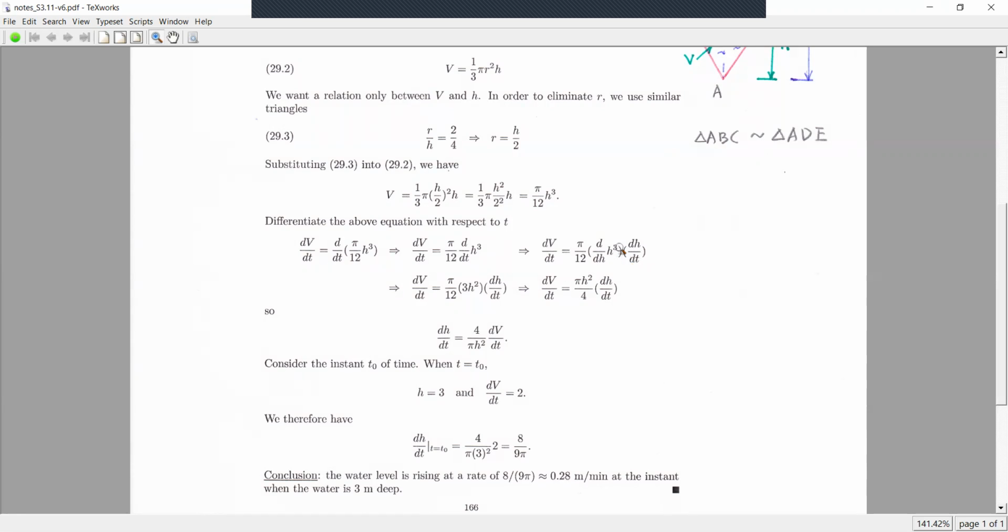The derivative of H to the third with respect to H is 3H squared. Simplify the right side, then we have this equation. Now, we want dH/dt, so move pi H squared over 4 to the left side. Then we have this equation. This is the derivative of H with respect to the time t.